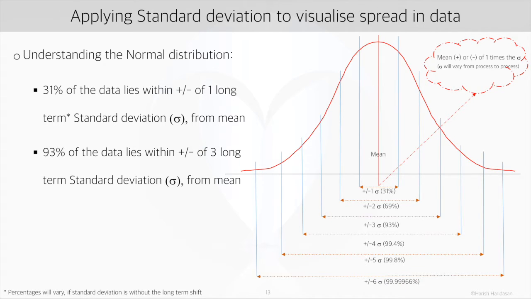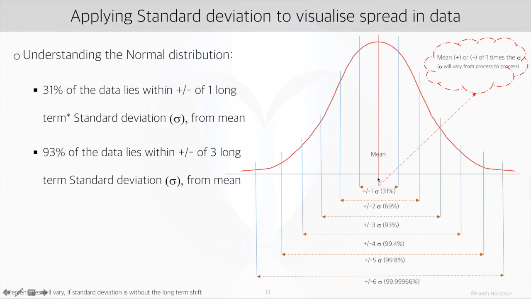That is, in the range of plus minus 1 times the standard deviation from the mean, we can expect 31% of the data to lie. Like in our earlier example, we calculated standard deviation as 5 when we had taken 5 samples and mean was 1000. So it means that 31% of the bottles will have their volumes between mean, which was 1000, minus 1 times the standard deviation, which was 5.